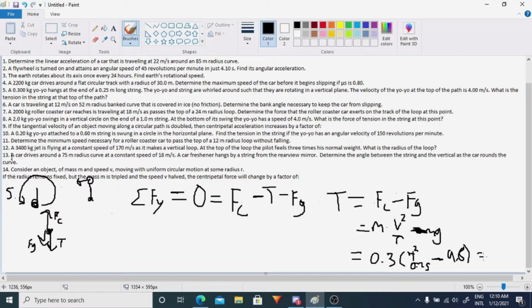Which equals 4 squared is 16, over 0.25 is 64, minus 9.8 is 54.2, times 0.3 is about 16.3 newtons.